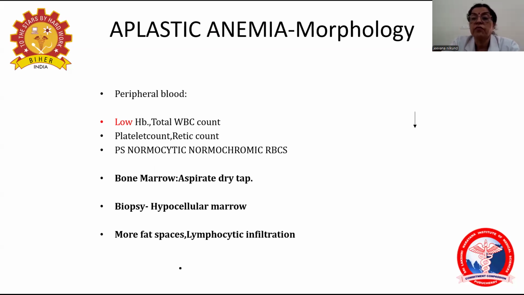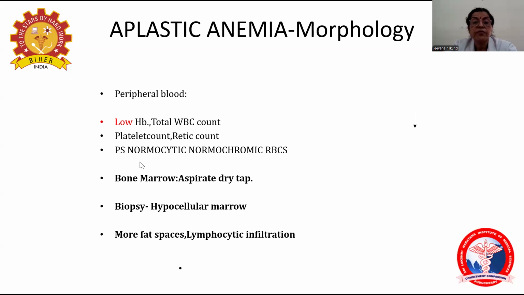If the reticulocyte count is low, that means there is no marrow activity. So the marrow is suppressed or it is not functioning. The normal reticulocyte count is 0.5 to 2.5%, whereas in case of aplastic anemia, it will be reduced.